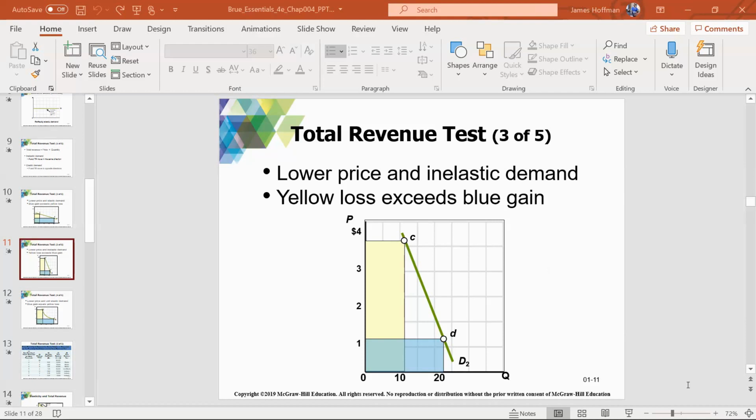Okay, so I think that gives us the idea there. We kind of get the idea that most goods go in the elastic type, and specific goods go in the inelastic, and there are also two extreme cases.